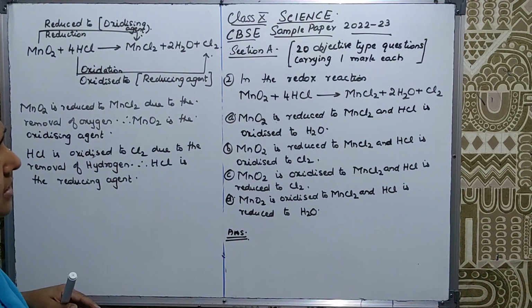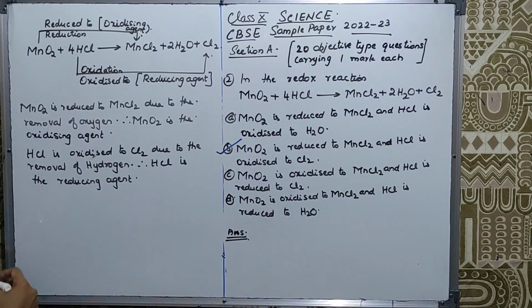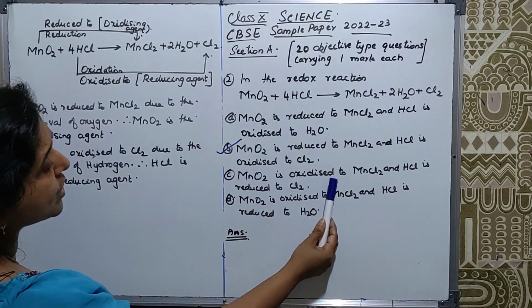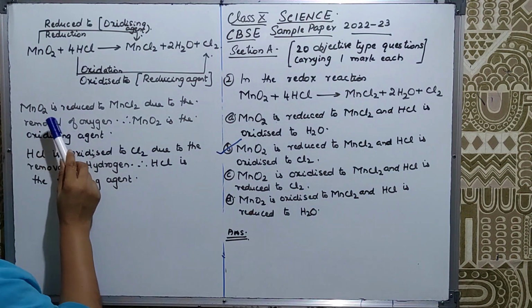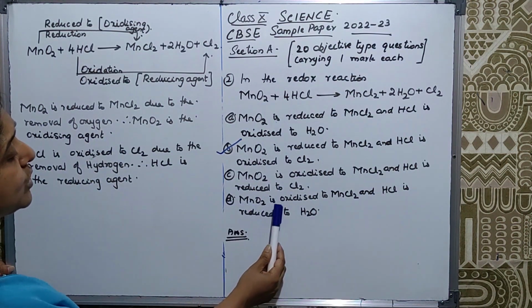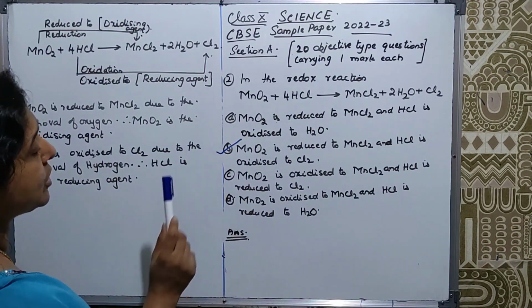So the correct option is B. C, MnO2 is oxidized to MnCl2, is wrong. D, MnO2 is oxidized to MnCl2, is also wrong. So we confirm that the correct option is B.